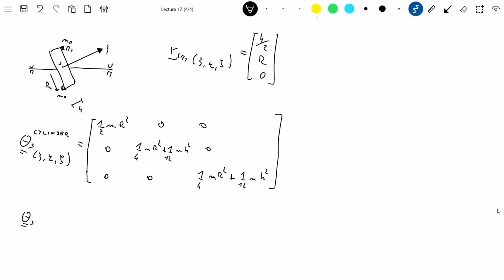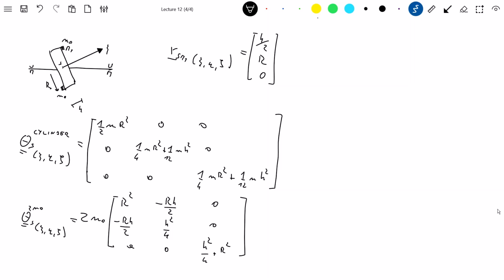Then we have theta s of the two masses, 2m0, again in the xi eta zeta reference frame, and this will be 2m0 which multiplies r squared, minus r h divided by 2, then 0, minus r h divided by 2, h squared divided by 4, 0, 0, 0, and here h squared divided by 4 plus r squared.